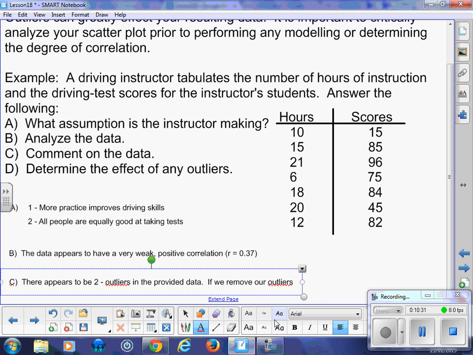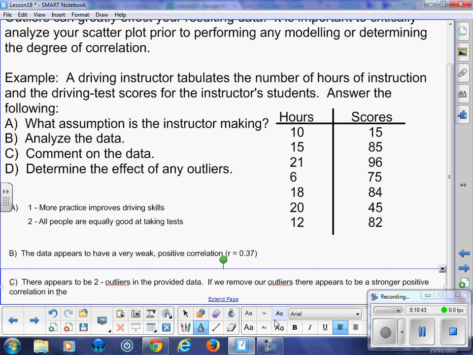If we remove our outliers, there appears to be a stronger positive correlation in the data, and in brackets r equals 0.73. However, there is not enough data provided.